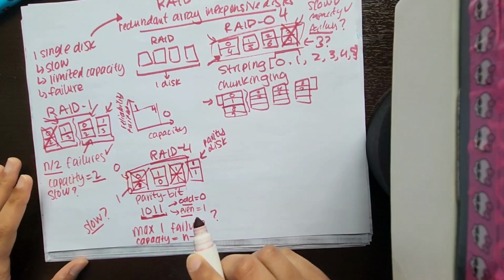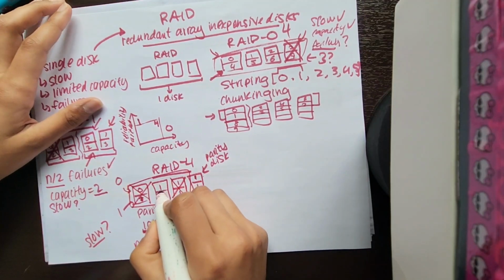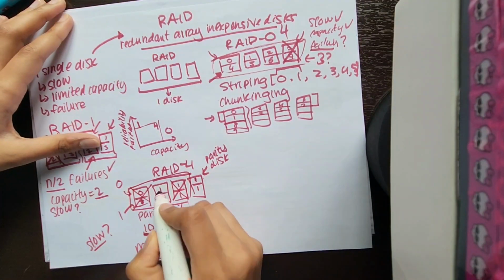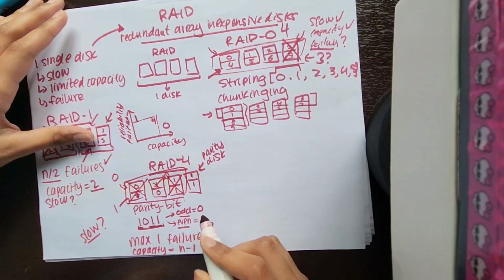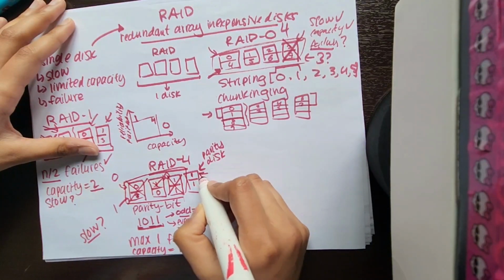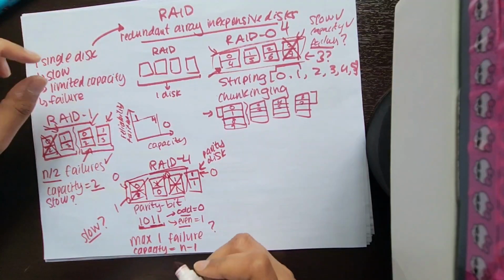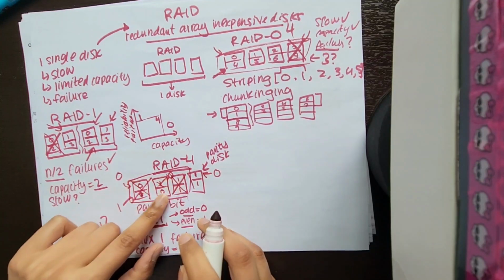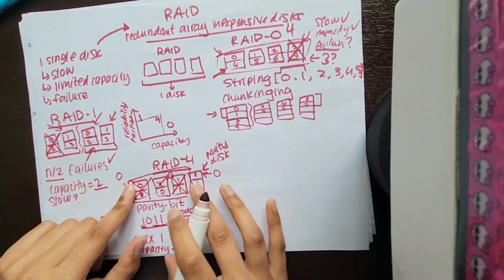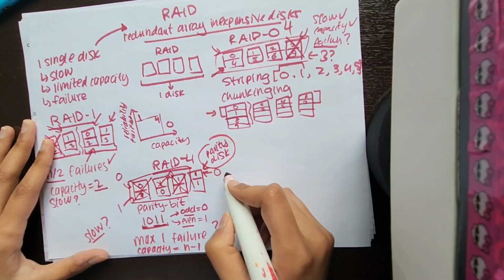So basically, every time you want to modify something in the disk, like say you want to change this 1 here to a 0, you're going to have to update the parity bit as well, the parity disk as well, to 0, right? So this means you have to do 2 writes, right, to whatever the original disk is and the parity disk, and this might end up being a bottleneck.